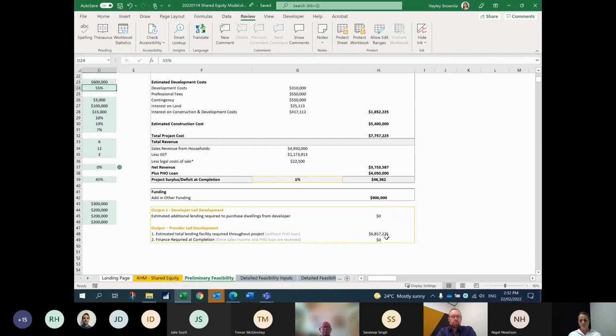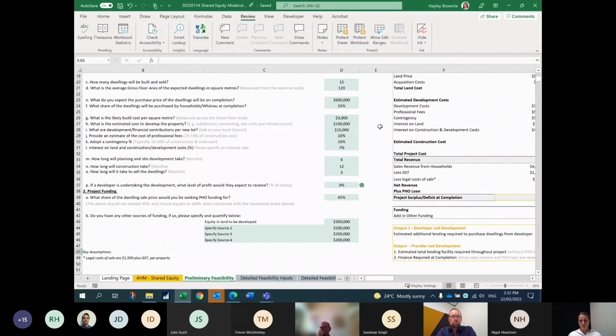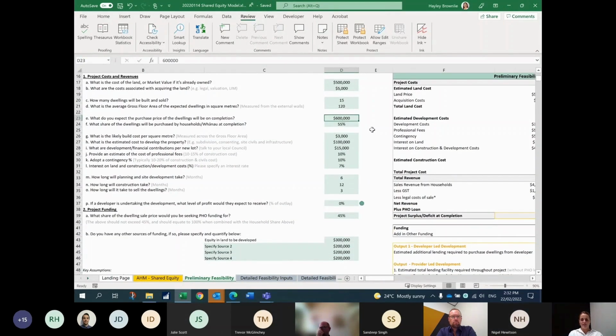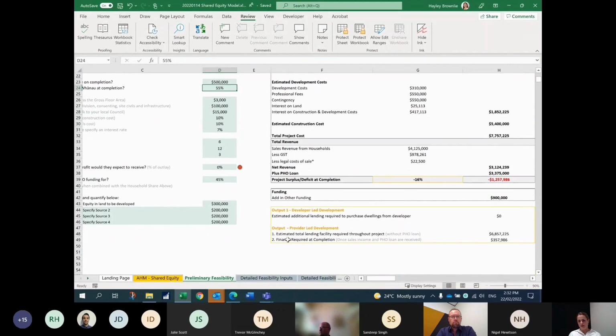So once both of those revenues come in, the finance at completion is 0. If we drop, say, the sale of the dwellings to 500,000, that takes away some of the profit. So the provider may need to lend 360,000 at the end.